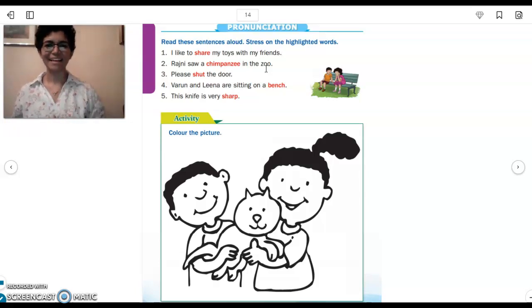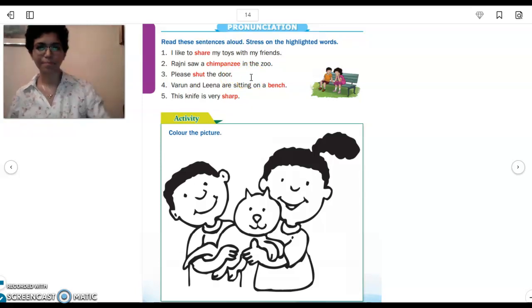Okay. Then third sentence. Please shut the door. Please shut the door, meaning please close the door. Please close the door. Don't leave it open. Fourth, Varun and Lena are sitting on a bench.